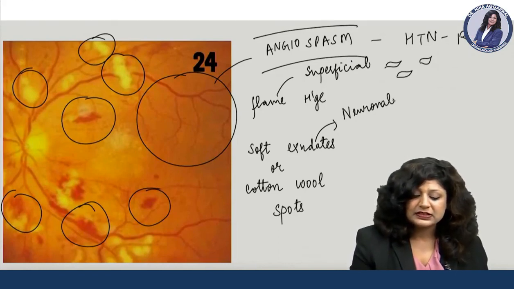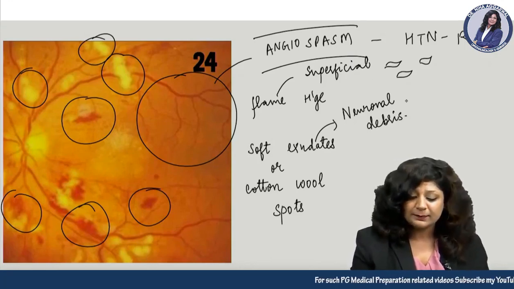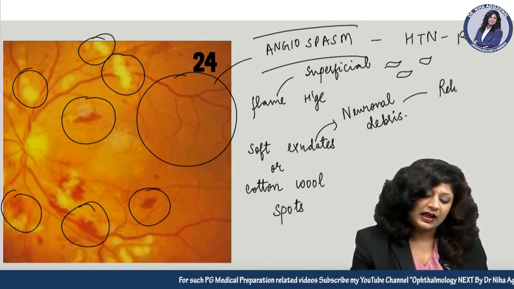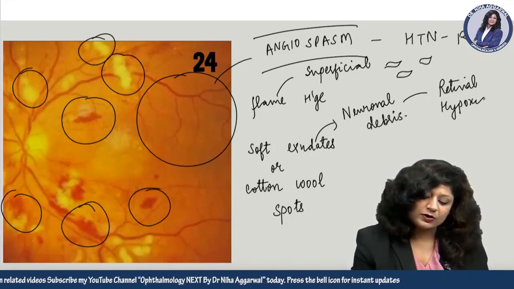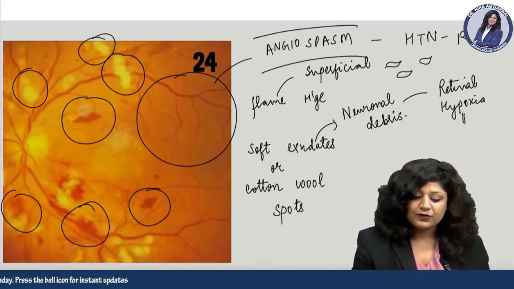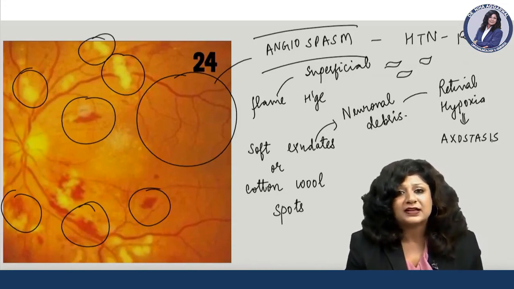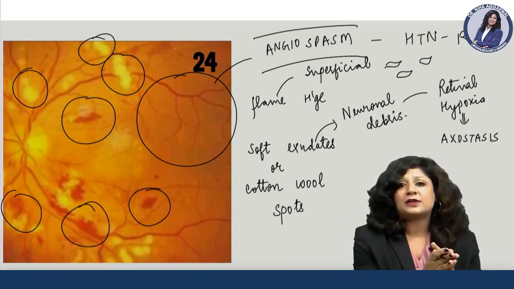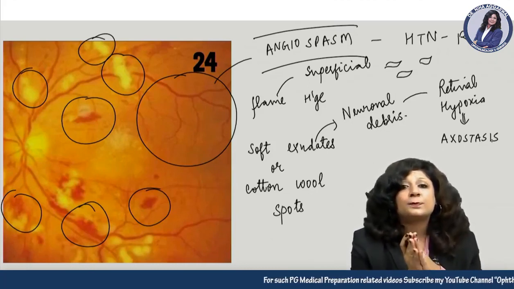debris. This is the neuronal debris, and why do we get this neuronal debris? Due to retinal hypoxia. So what is happening due to the retinal hypoxia? We are actually getting axostasis. There is a stasis in the flow of axoplasm, due to which the accumulation of neuronal deposits takes place in the superficial layers.